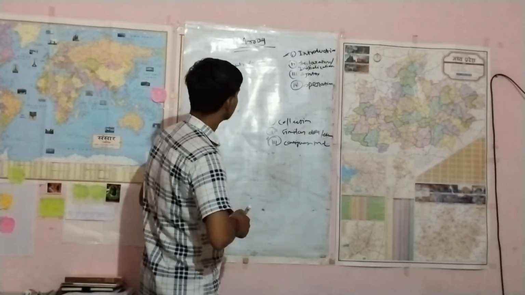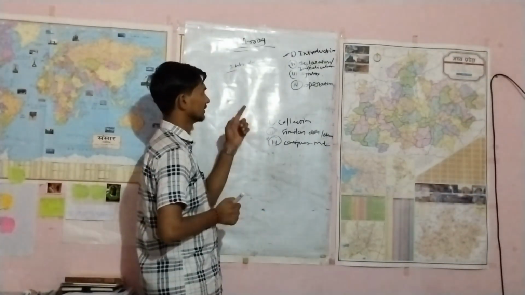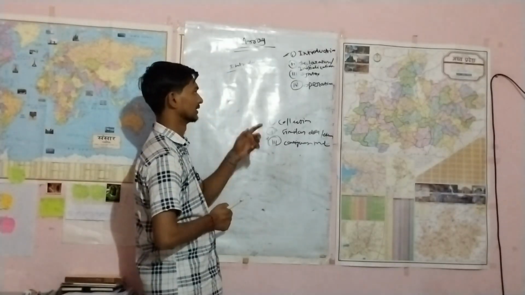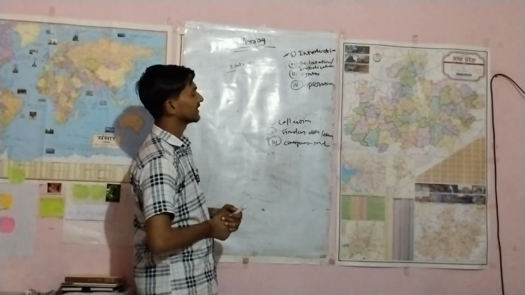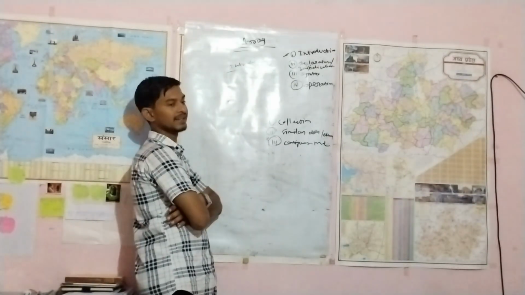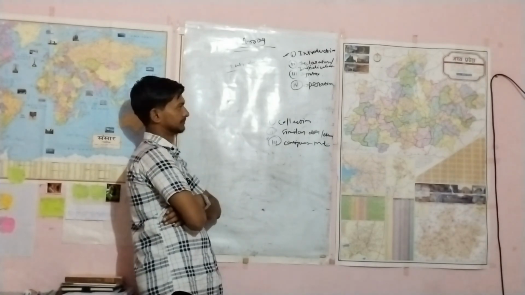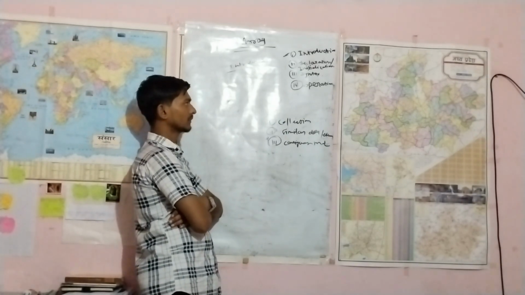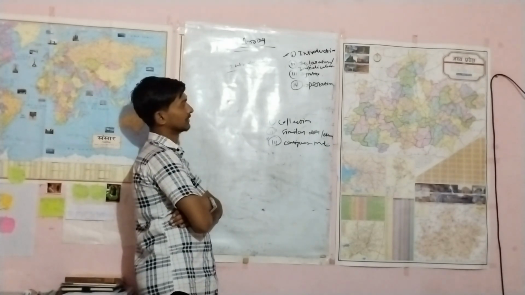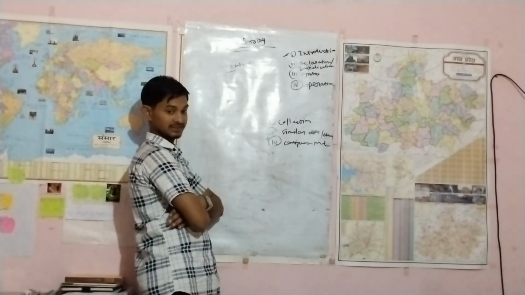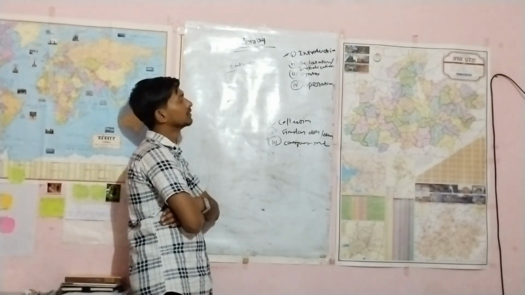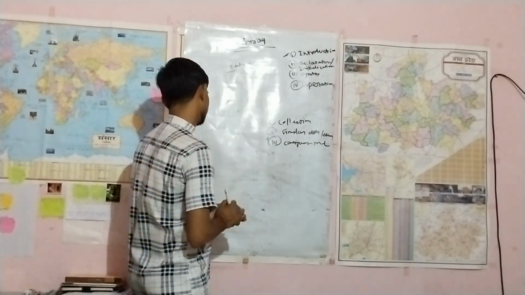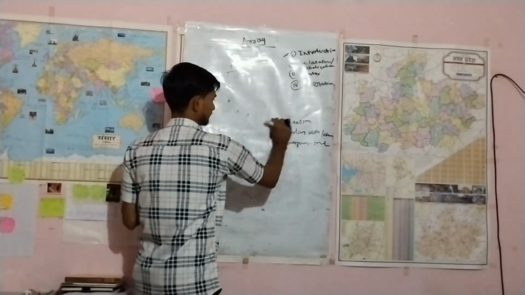Okay, so now we will understand the second point that I have mentioned on the chart, that is declaration and initialization in an array. For that we have to understand the syntax of an array. It is very simple.